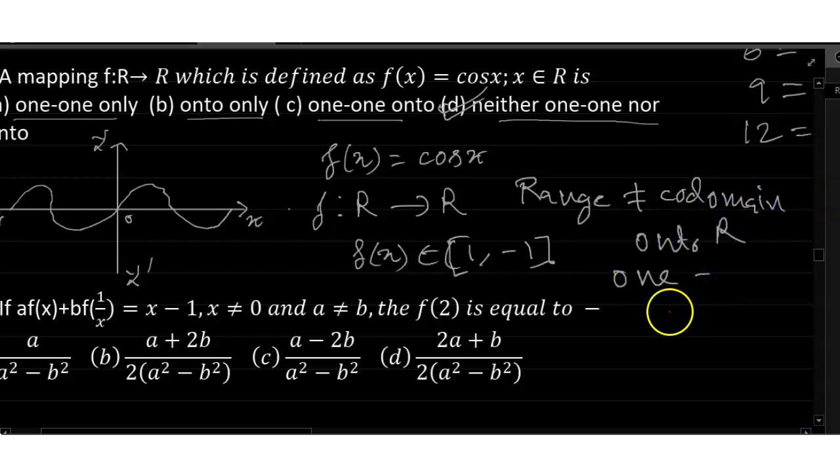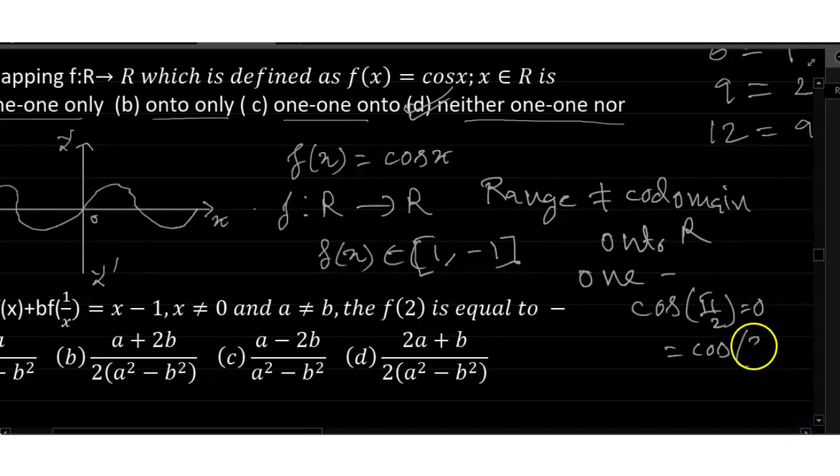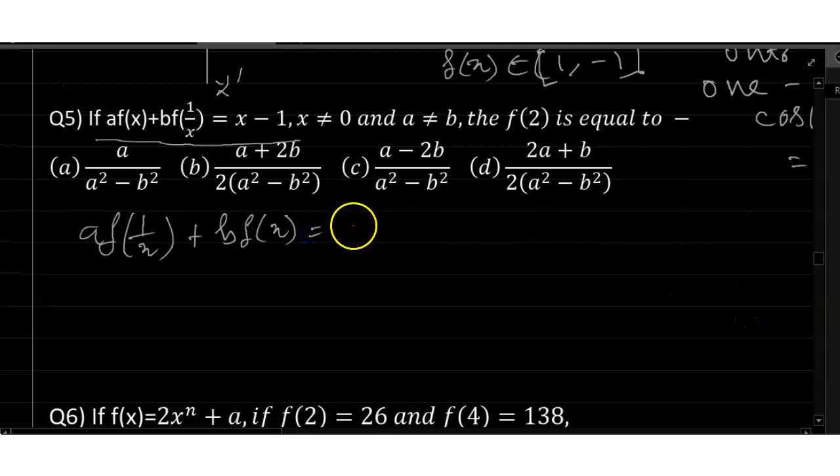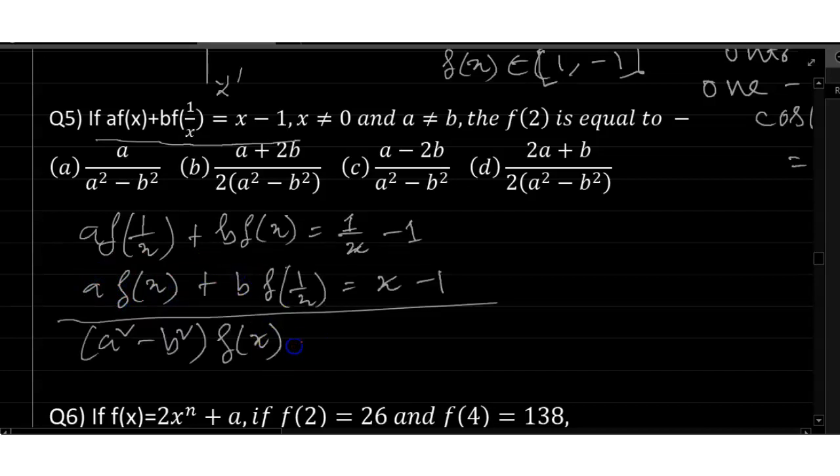If you see cos pi by 2 equals 0 equals cos 3 pi by 2, therefore they have the same image, so it is not one-one. Now f(x) plus b by x minus b by x plus b.